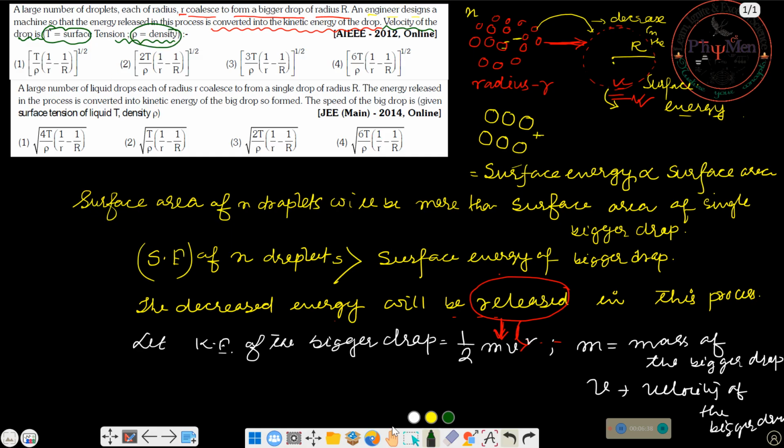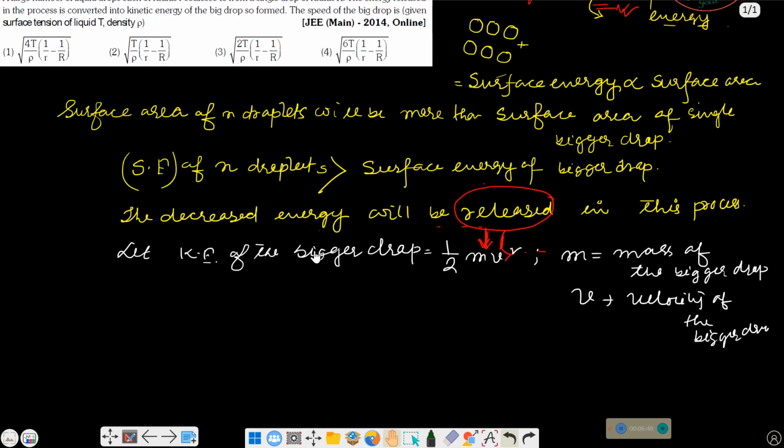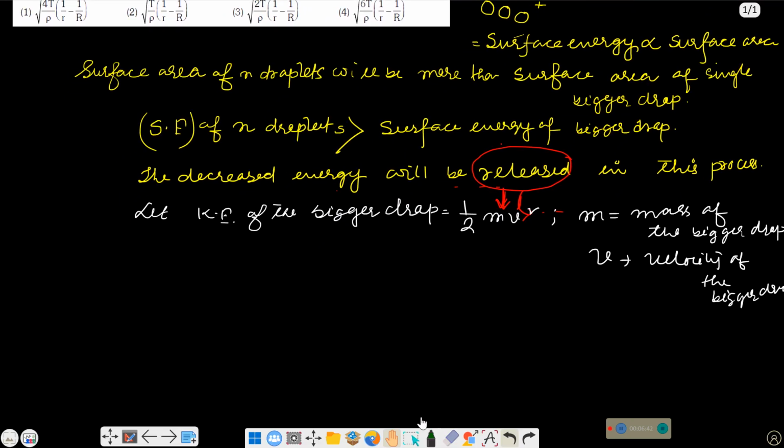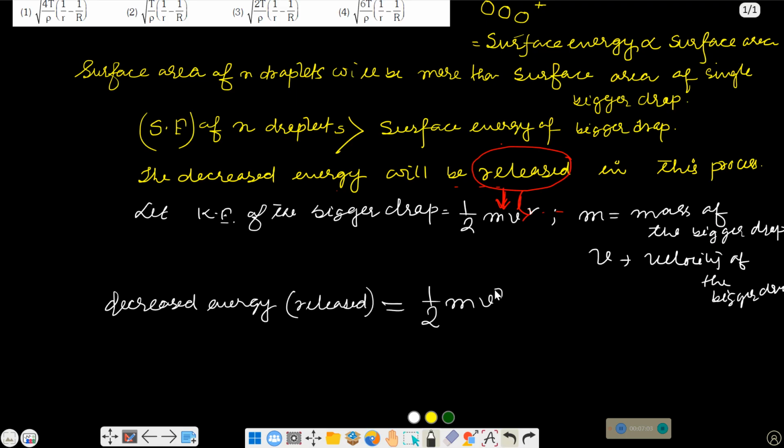Okay. So from all these concepts, we can write that the decreased energy that is released in this process is equal to the kinetic energy of the bigger drop, half mv square. Now, what will be the decreased energy?